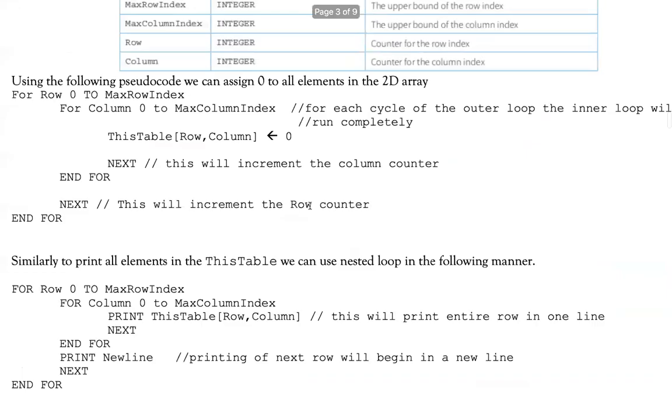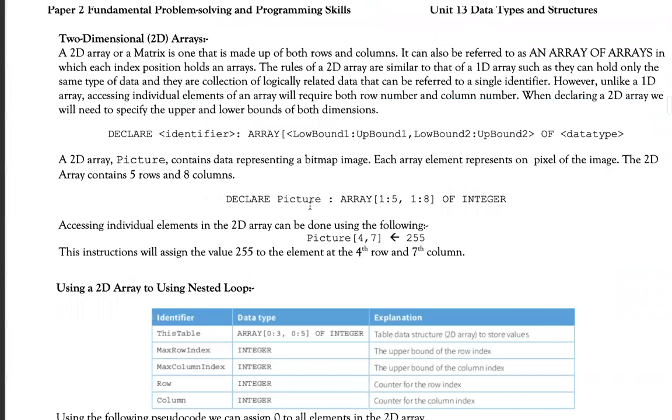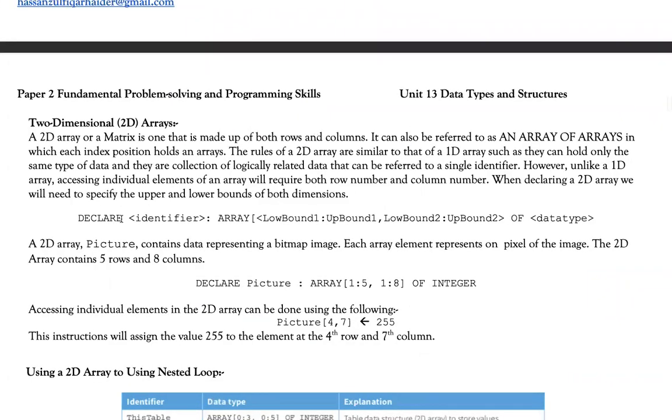So when defining a two-dimensional array, we use similar syntax. We use declare, the name of the array, and it's of type array. The difference is that I will have to define two limits. The first limit defines the number of rows. So I've got 1 to 5 rows.